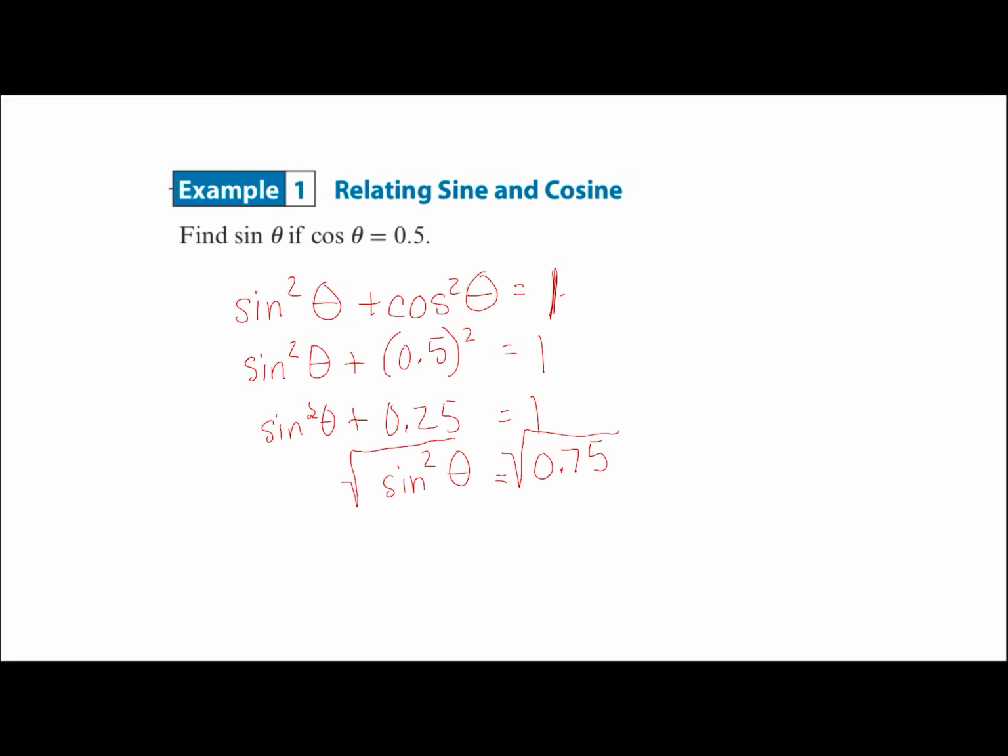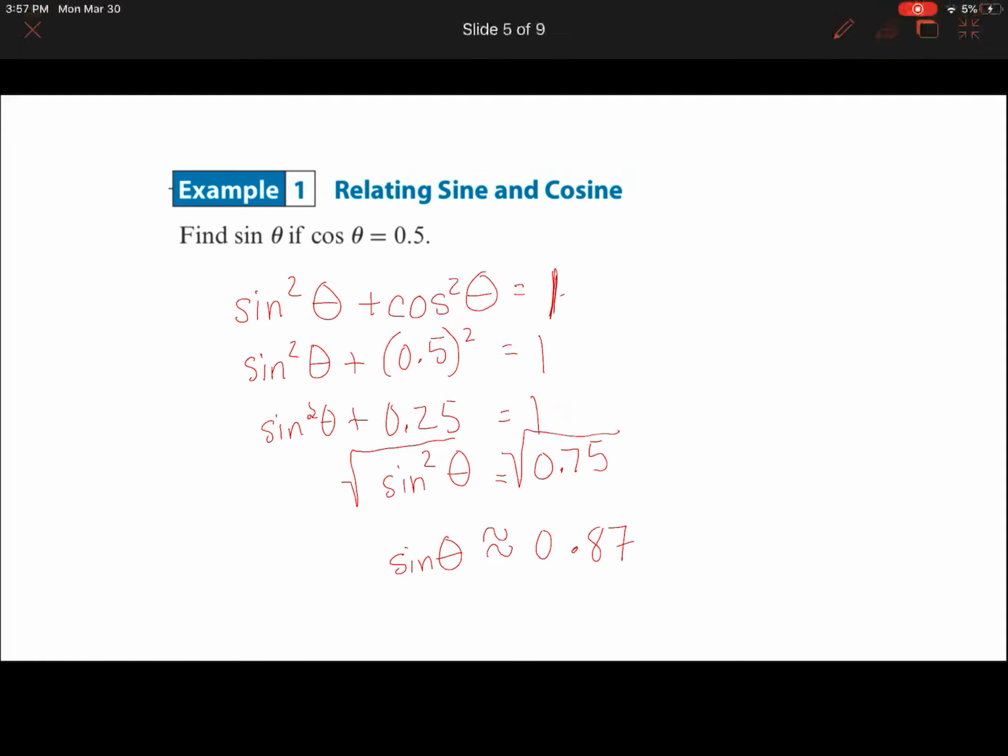The square root of 0.75 is 0.866025, and it's going to keep on going. But let's simplify that. We'll approximate to 0.87, and that's going to give us our sine of theta.